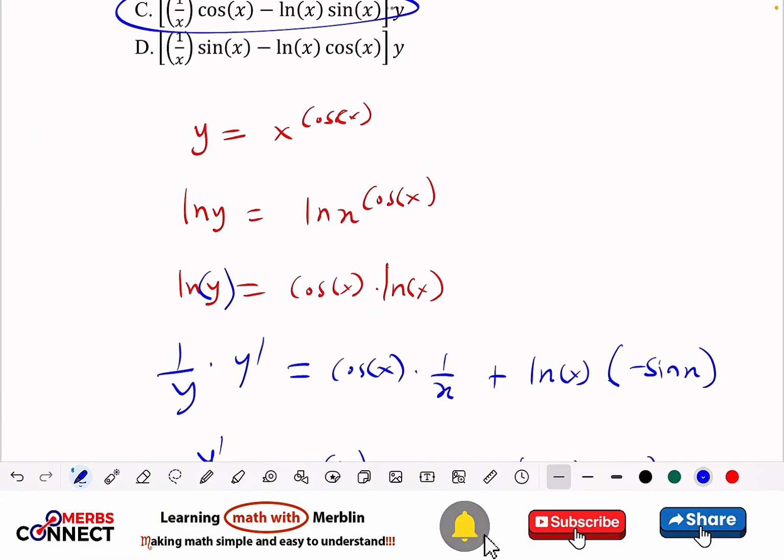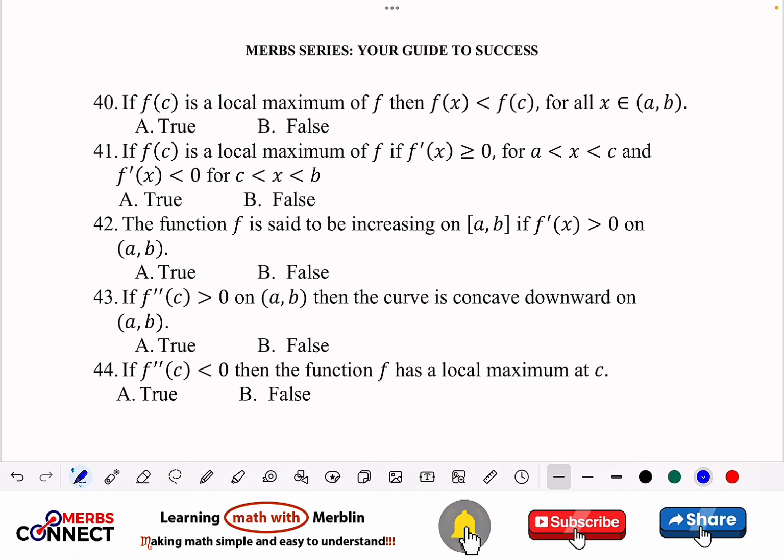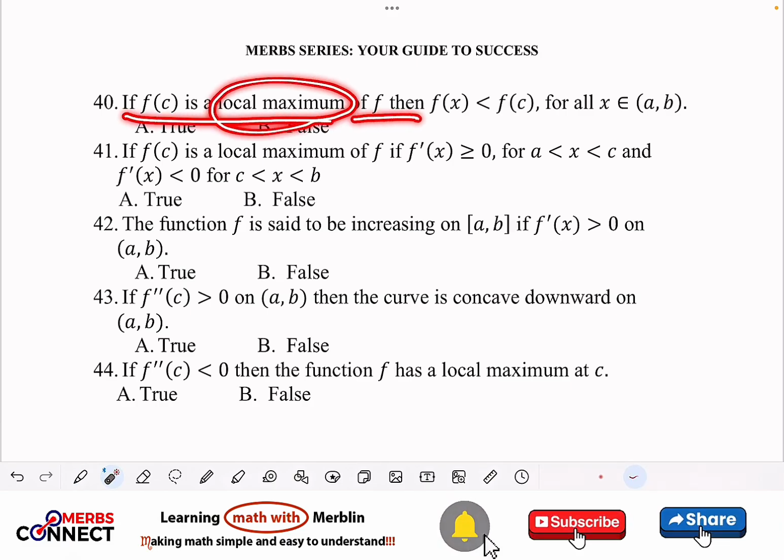We are going to have this one to be c. Now let's look at these questions here. So what is the question? If this is a local maximum of f of x, then this is less than this at the interval here.